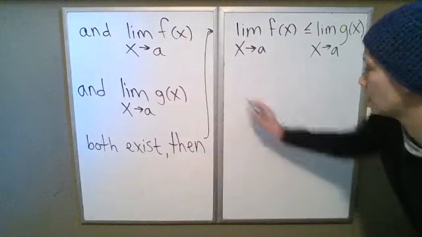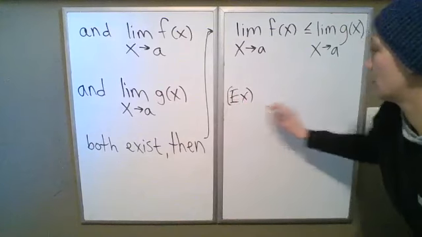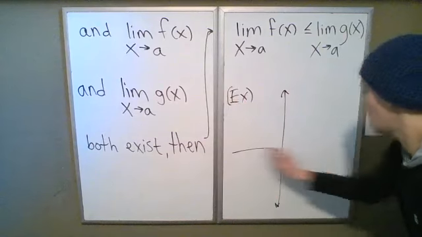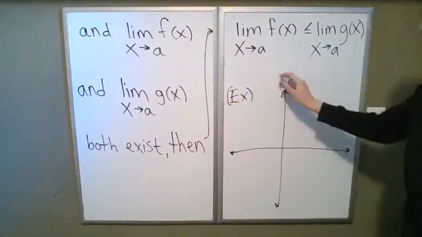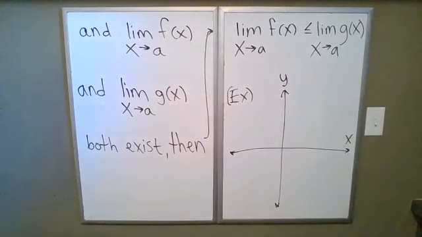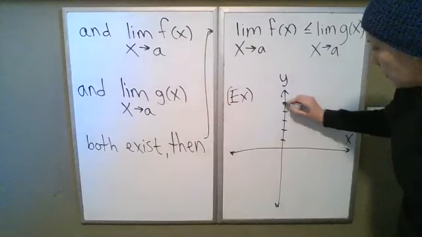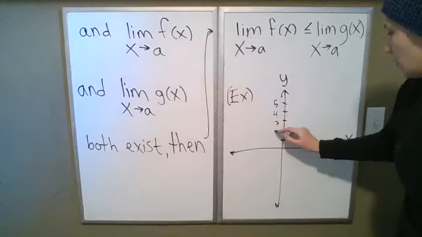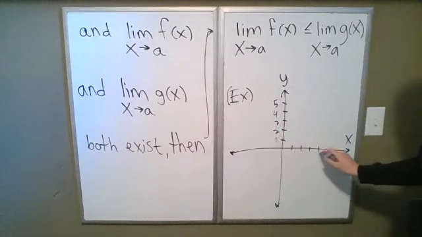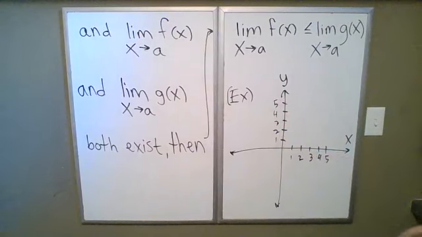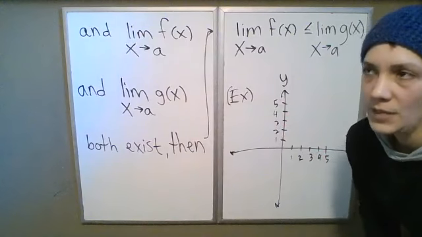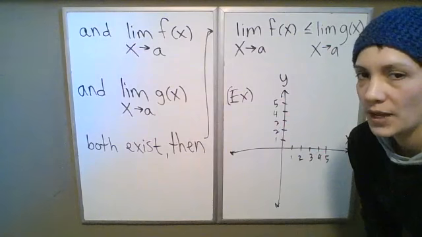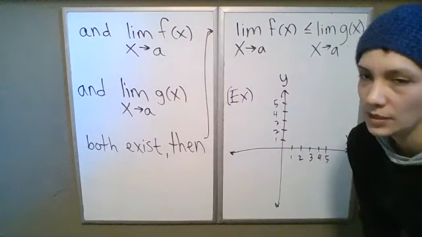Let's make an example. Let's get units: 1, 2, 3, 4, 5. f of x has values greater than or equal to g of x values.